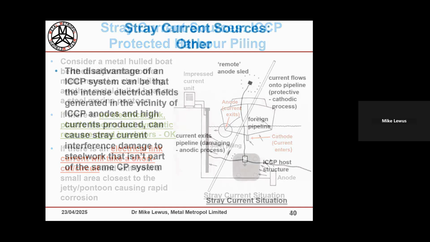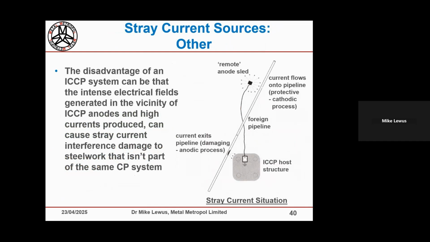The other situation that does crop up sometimes is where there's some other structural component that isn't being protected by the ICCP system, that's for the harbour piling or something else. Although there are a lot of advantages of ICCP systems, one of the disadvantages can be that they can generate very intense electric fields.